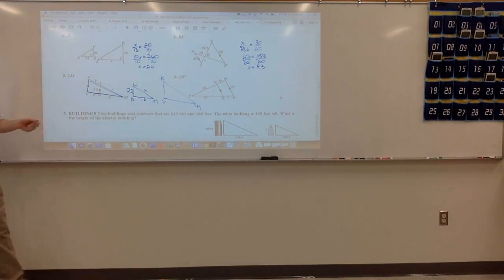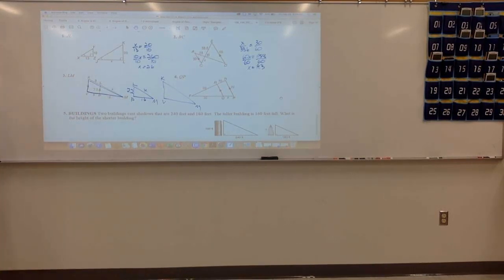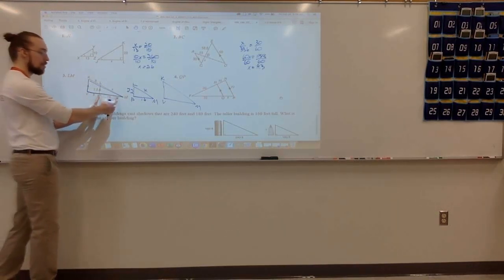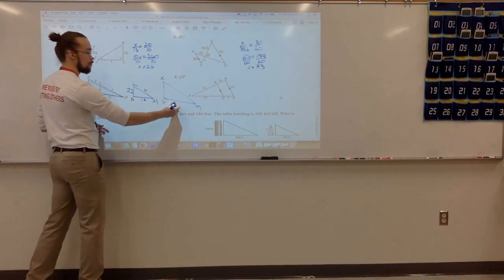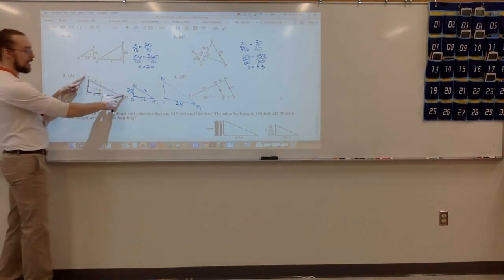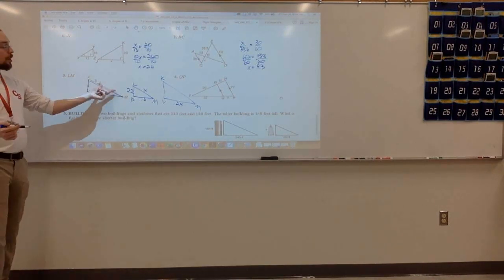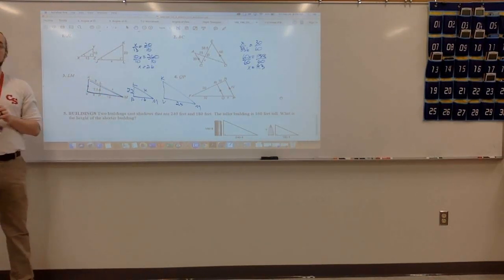Now, what's the entire length of side VM? I would add the 8 plus the 16 to get the entire length of VM is 24. What about the entire length of KM? We don't know part of it, but how could I still write this?